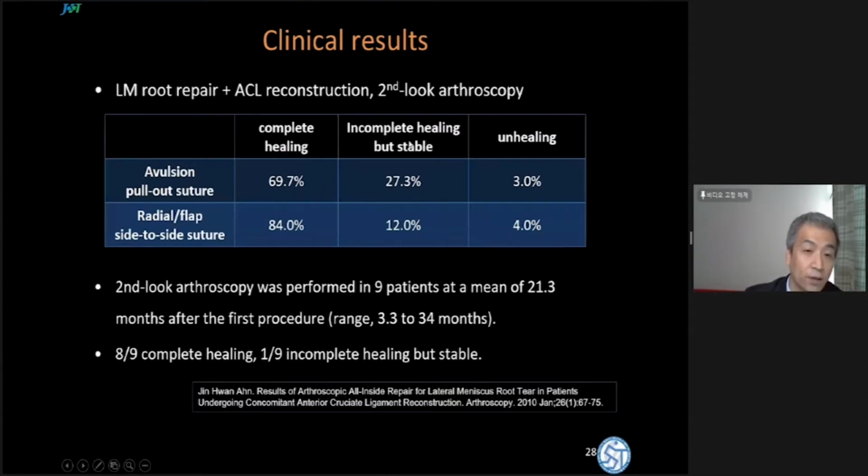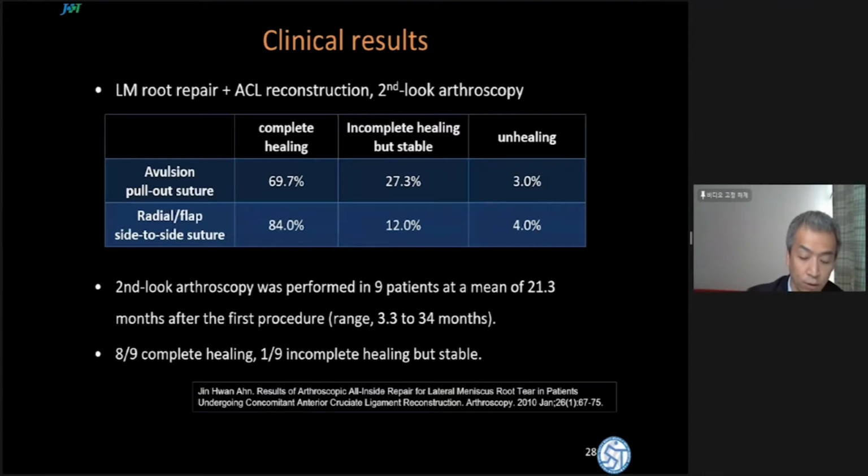The complete healing plus the incomplete healing but stable patients will be more than 90%. The side-to-side patients will get a similar result. More than 90% of patients can heal after the repair. And this clinical result is very similar to Professor An's paper that was published in 2010 in Arthroscopy Journal.